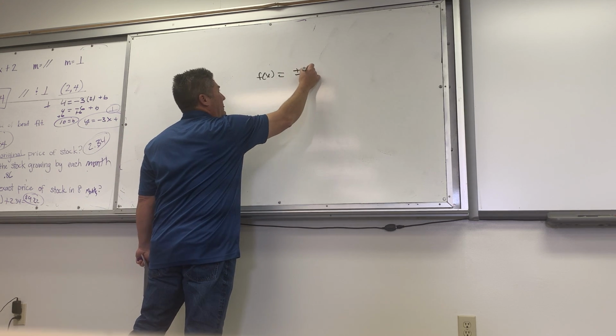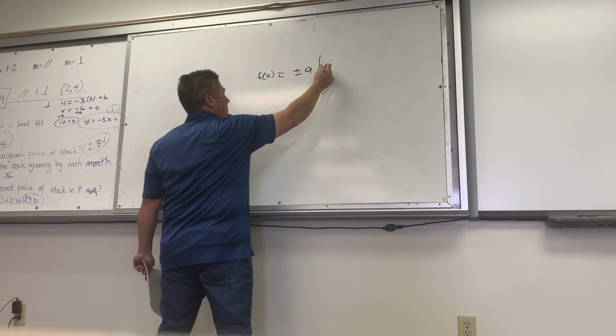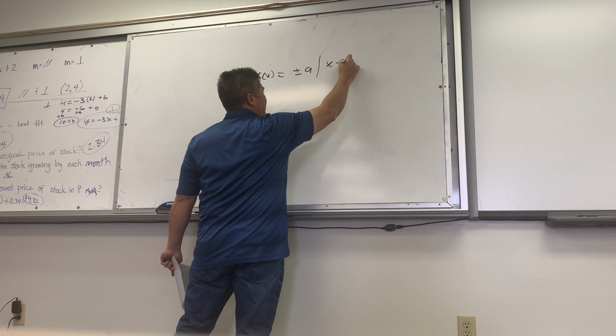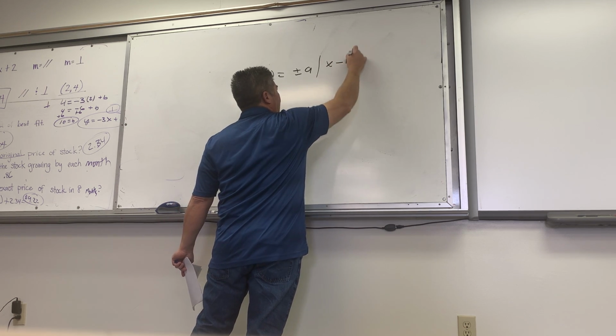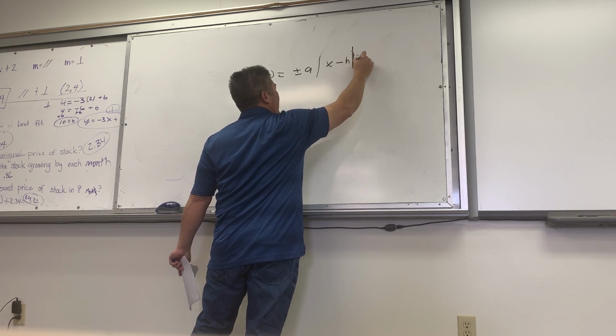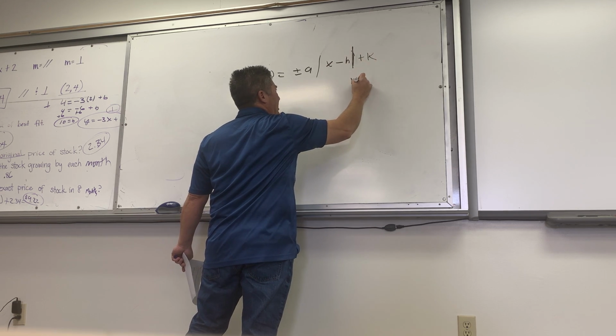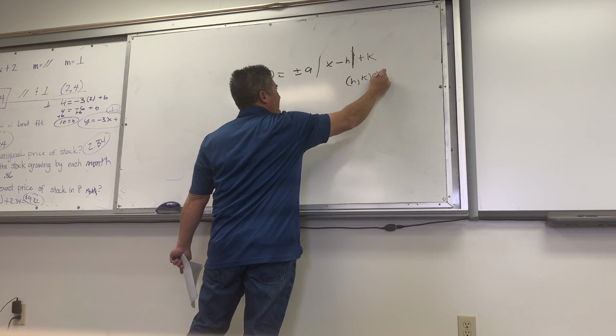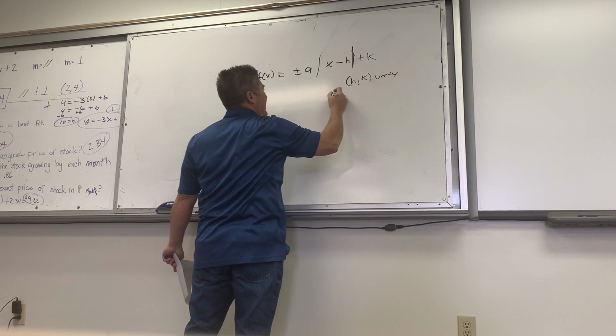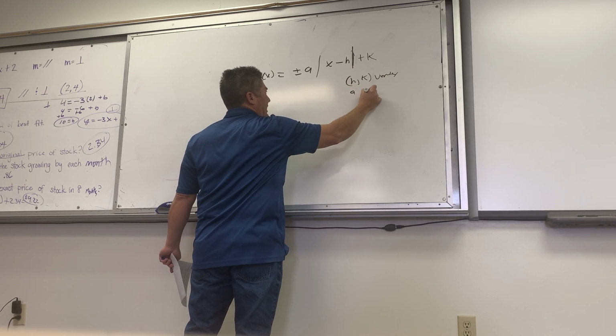Plus or minus A, absolute value, x minus h, and absolute value, plus k. H, k will be your vertex, and A is your scale factor.